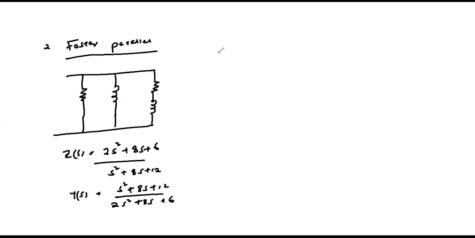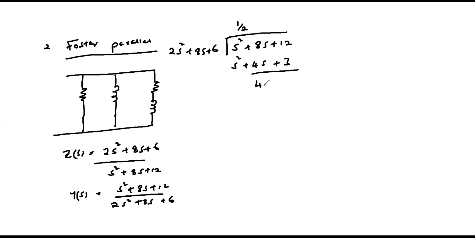Because the order of the numerator and denominator are the same, we first perform division. We divide s squared plus 8s plus 12 by 2s squared plus 8s plus 6. We get a half into s squared plus 4s plus 3, and the remainder is 4s plus 9.